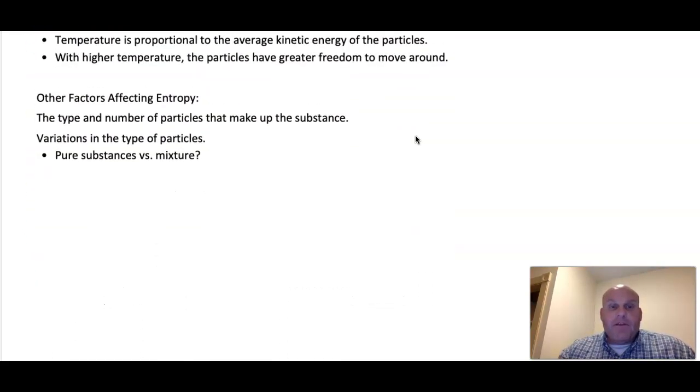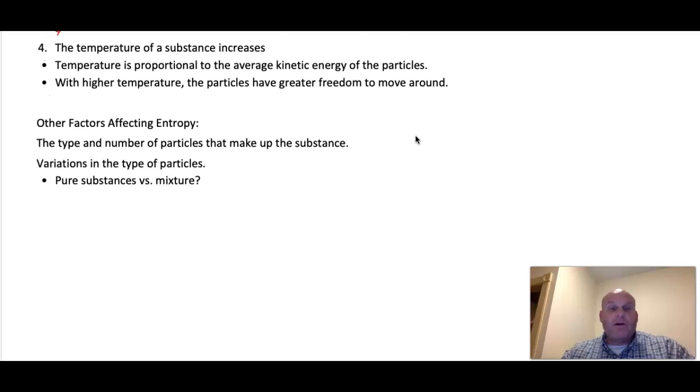Finally, there are a couple other factors that we will come across: the type and number of particles that make up a substance. So if I had 2 different particles, say they're both gases, H2 gas versus helium gas, because the hydrogen has more particles, 2 hydrogen atoms in that diatomic, that would have greater entropy than the helium gas.